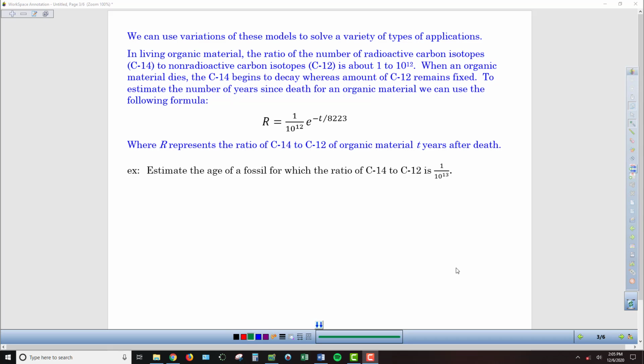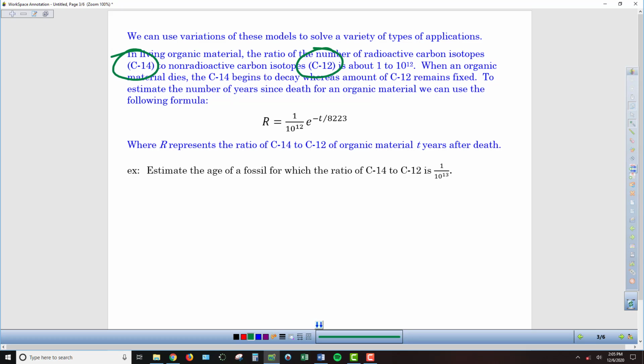So one example of an exponential decay model is used for trying to carbon date items. In a material, there are 2 primary carbon isotopes: the stable carbon-12, and a radioactive carbon-14.